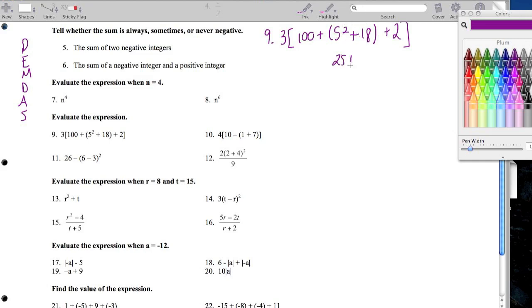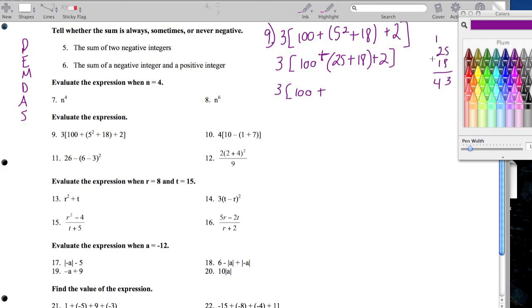5 squared is 25. So neatly, I'm going to rewrite everything that showed up above. This is number 9. Now I'm going to simplify what's inside of our parentheses. So I get 3 times 100 plus 25 plus 18. Need to do a little work on this side.